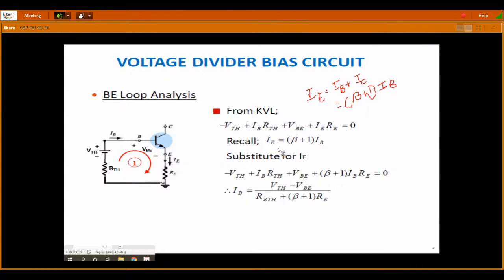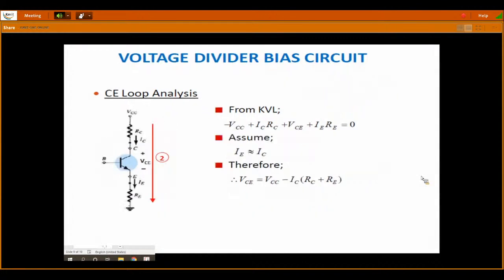So I wanted to find the base current, the input current, hence we replace IE with beta plus 1 times IB. Substituting the IE value in the above equation, we get the equation for the base current IB is equal to VTH minus VBE divided by RTH plus beta plus 1 times RE. This is the base current in the voltage divider network.